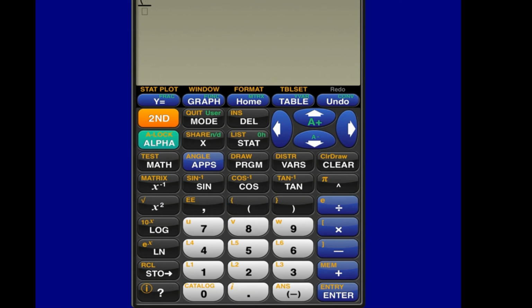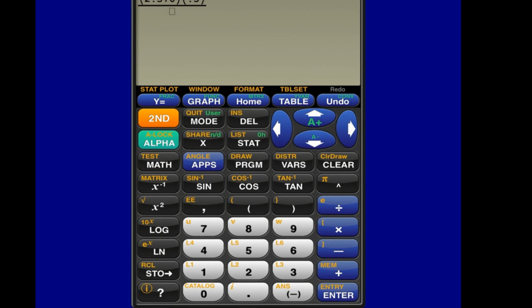Okay. So our Z score is 2.576, parentheses, and then our standard deviation in our problem is 0.5. Now to go downstairs, you just press down, and we're going to have to get the square root button.